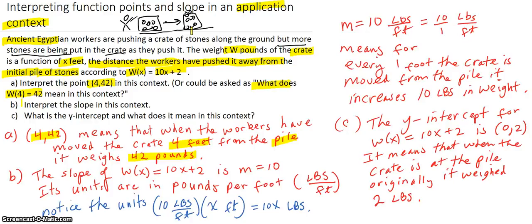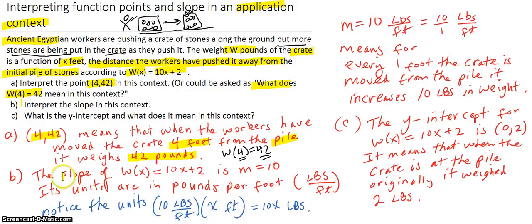Okay? So they could have also said, what does W of 4 equals 42 mean? There's 4 feet, 42 pounds.